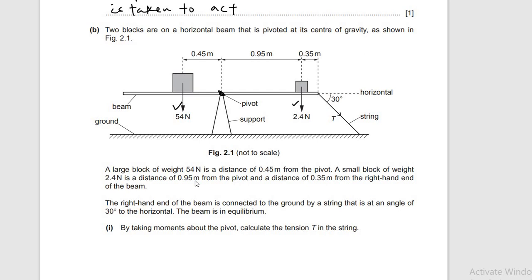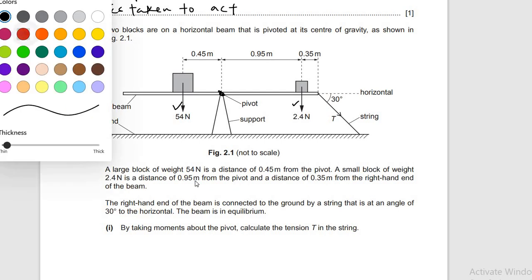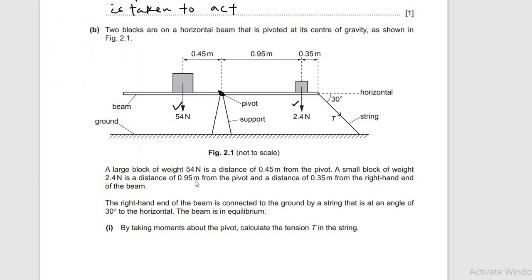But we have the tension force too. It's acting at a particular angle, so you must resolve it. Let's resolve it vertically. This is the vertical part of it, AB.